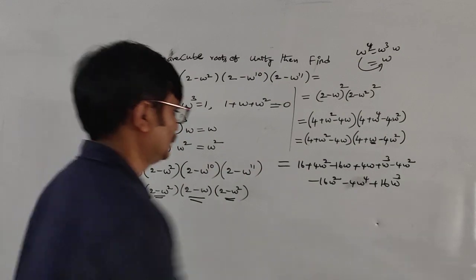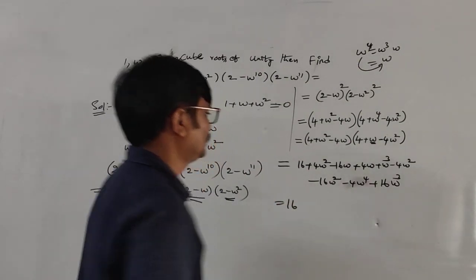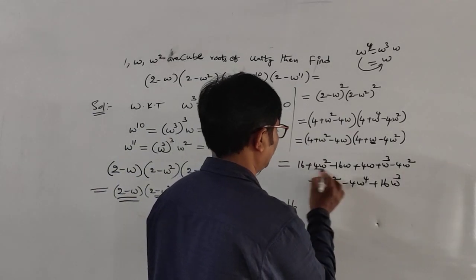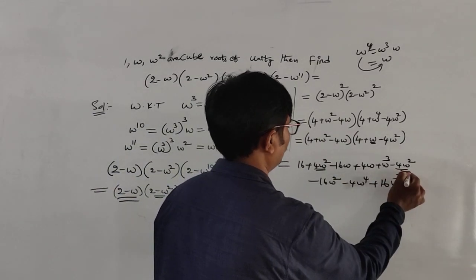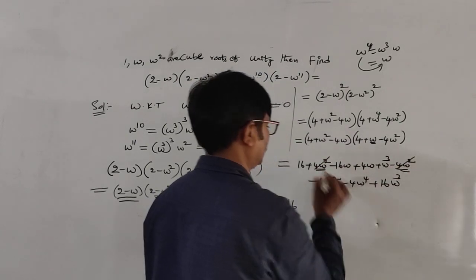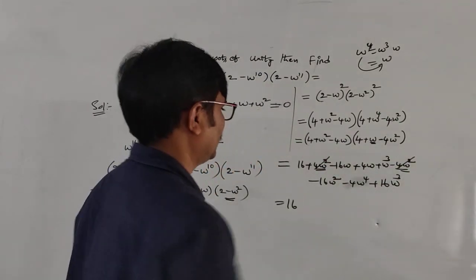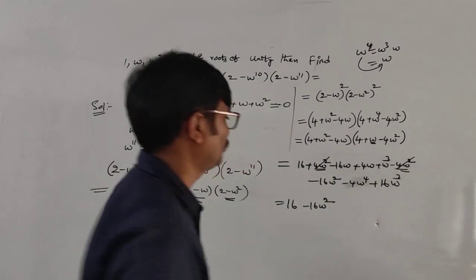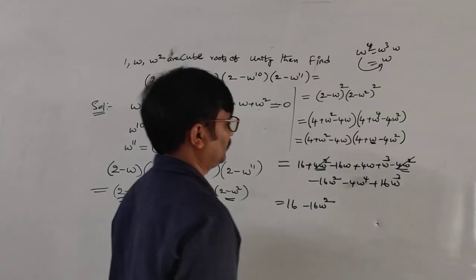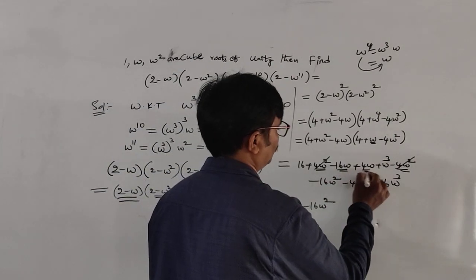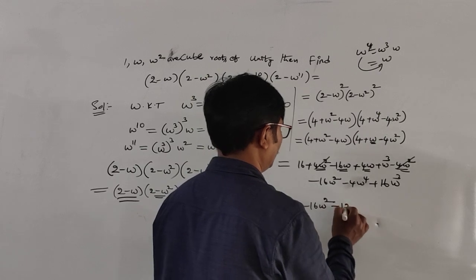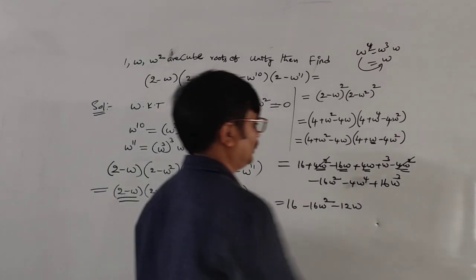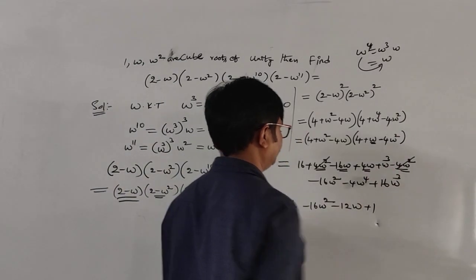After that students, first you can write 16. So the square terms are there, and these two are cancelled. So the another one is minus of 16 omega square. Now students, this is minus 16 plus 4 plus 4, that is minus 12 omega. Minus 12 omega. So students, omega cube is 1.